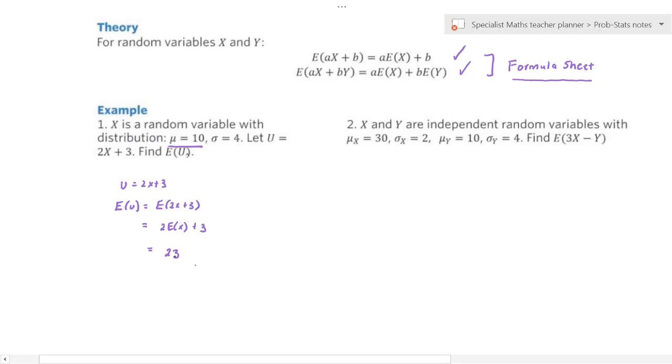Now, over here we also have X and Y independent variables, with our separate standard deviations and mus.